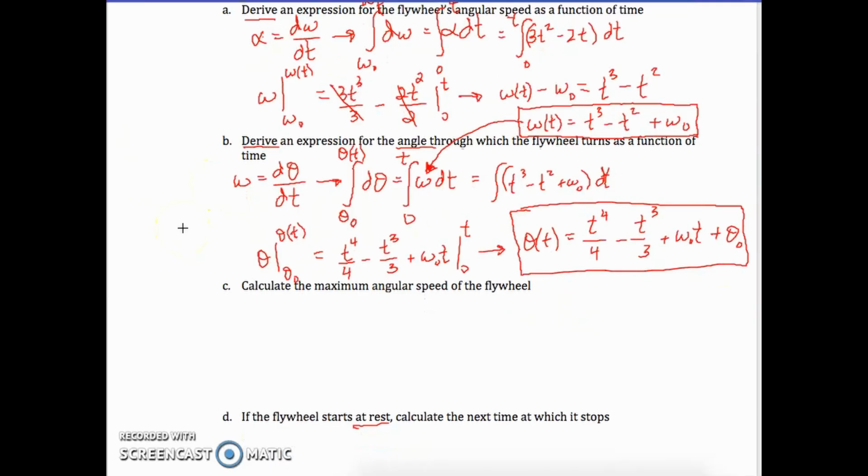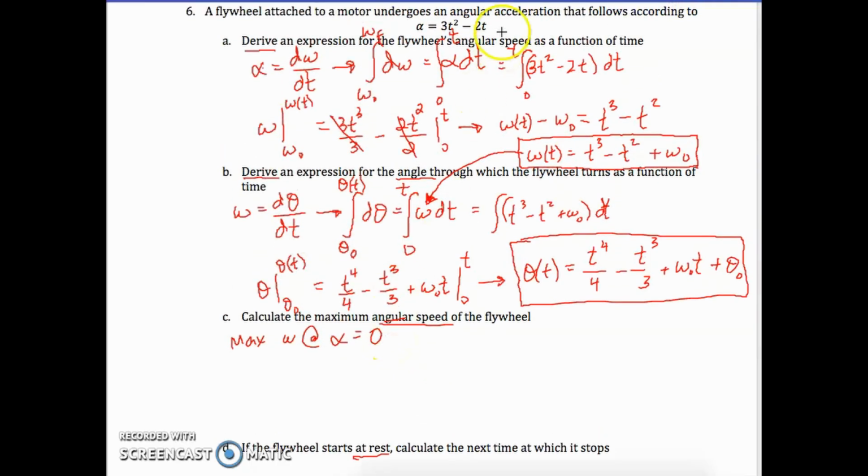All right, now, the maximum speed comes at the time when the first derivative of the speed is equal to 0. So max omega at, it's not accelerating right now.